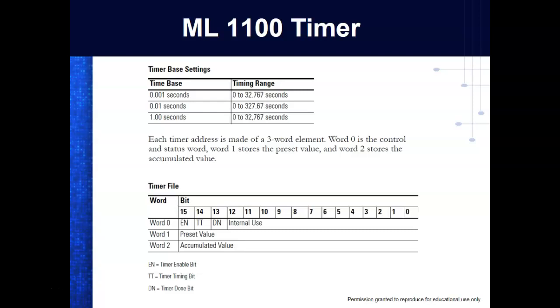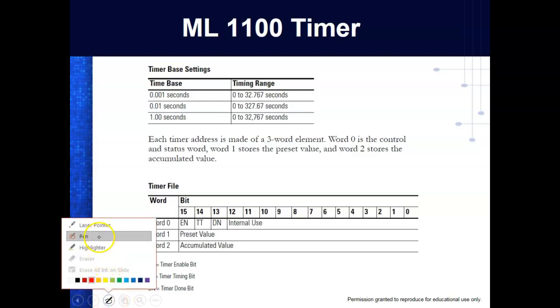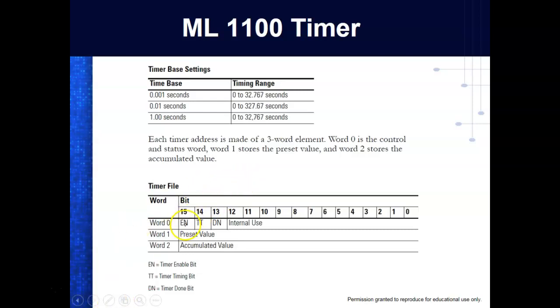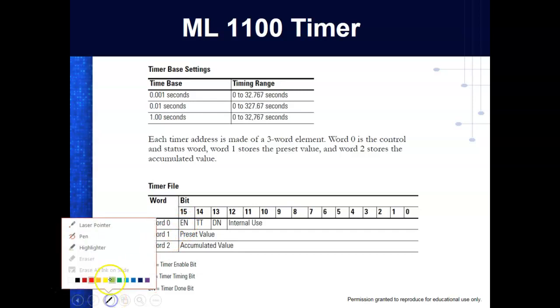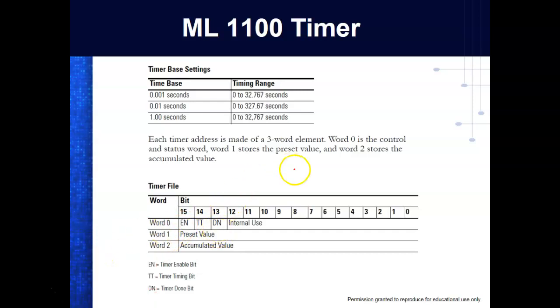So I could address the enable bit by saying timer T4:0, word 0, bit 15, and that way I could address this guy directly, but we don't have to do that because why? Because they've actually given this a name, right? So if I wanted to address this enable bit, if I wanted to address the done bit, what would I say?